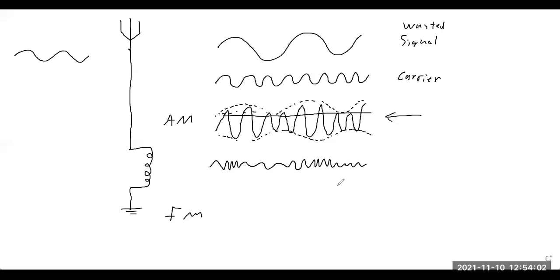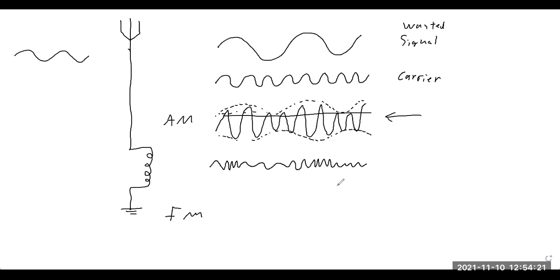Are there strengths and weaknesses for using different types of waves then? So as it's used, FM stations operate at higher frequencies.